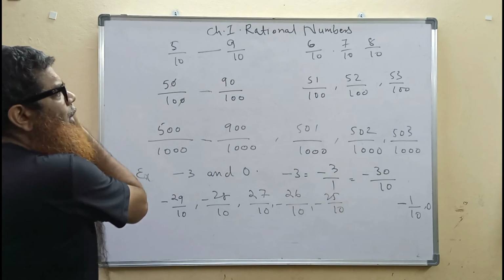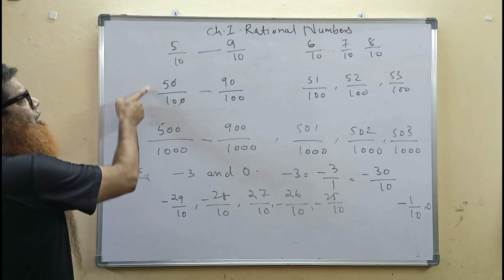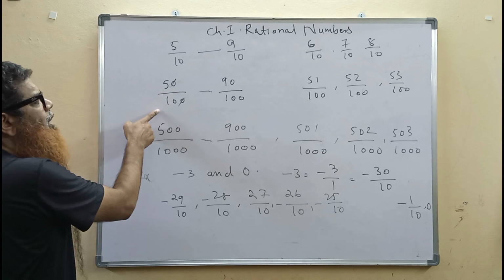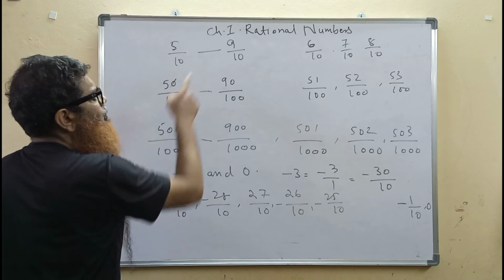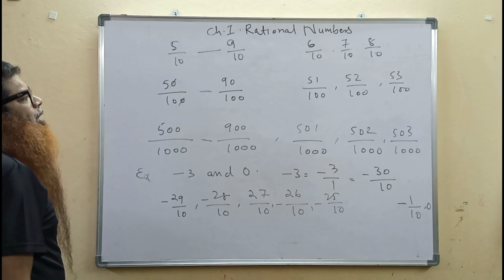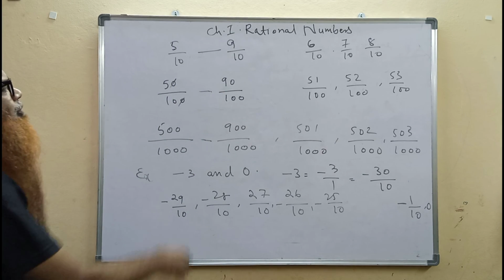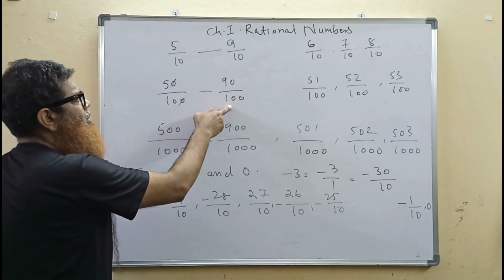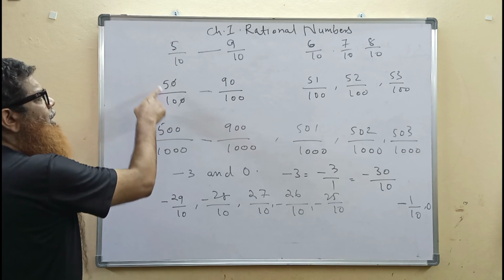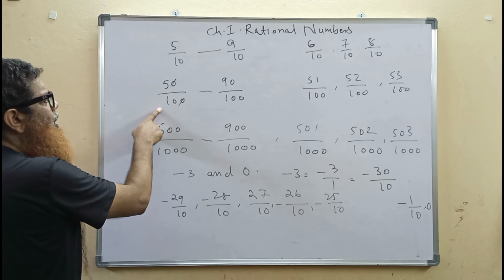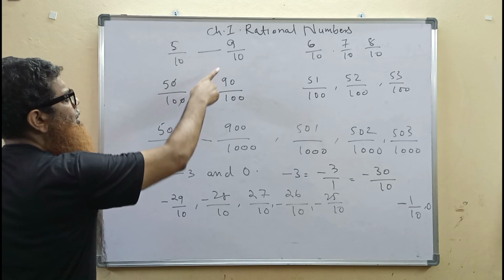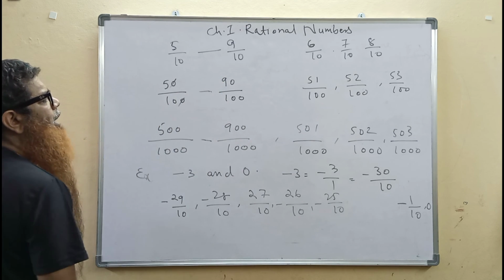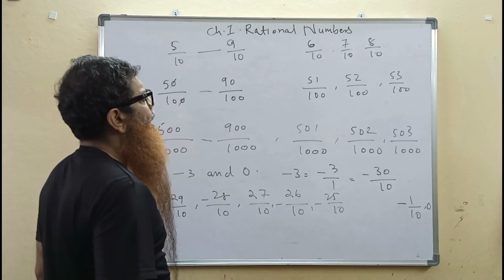But we know that an equivalent fraction of 5 by 10 is 50 by 100, and of 9 by 10 is 90 by 100, which are also rational numbers.